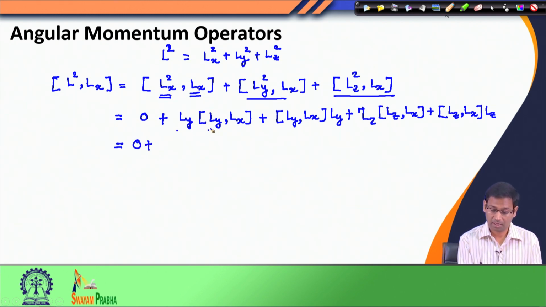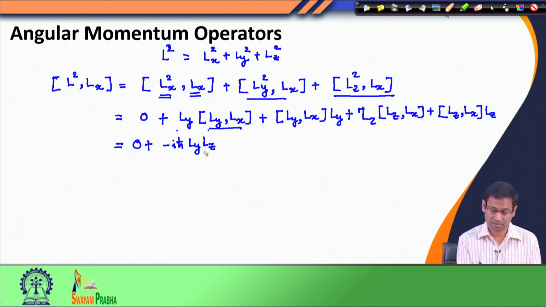When I look here at Ly Lx, I know how they commute. We just derived that the commutator between Lx and Ly is i h bar Lz. Since this is the other way around, Ly Lx, it will be negative of i h bar Lz.